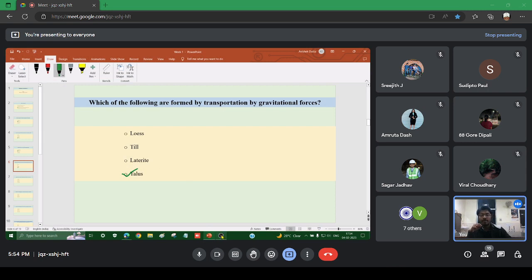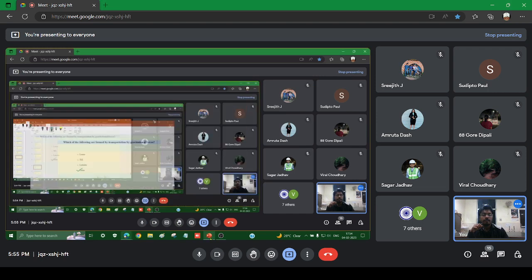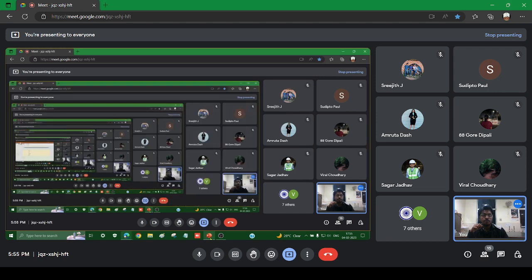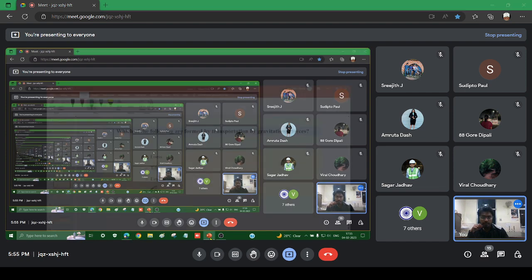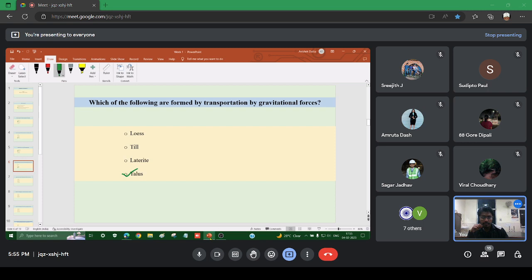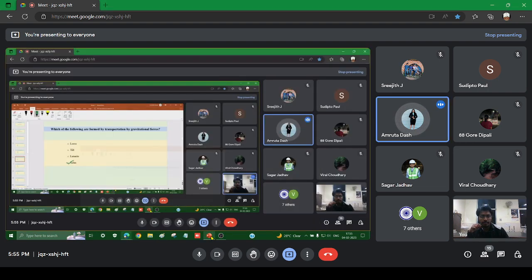What kind of soil is laterite? Anyone? So it's a rock type soil.